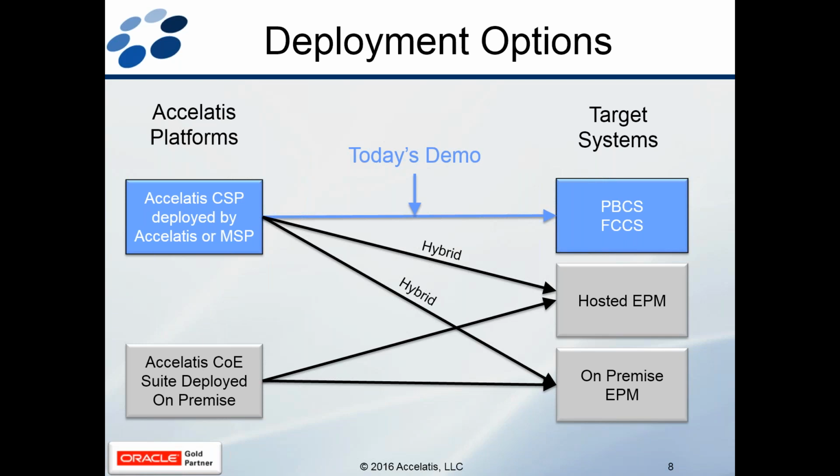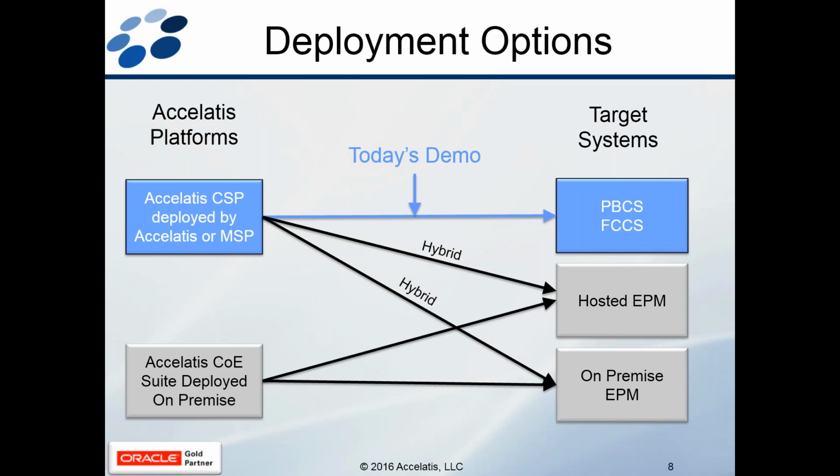But just know that this solution can also work with folks who have hosted EPM solutions. So if your EPM solution is in a data center somewhere, or if you're a data center who hosts EPM solutions, maybe you have 12 or 15 Oracle customers, this solution would work for that as well.